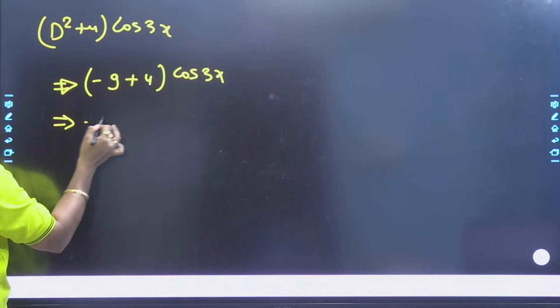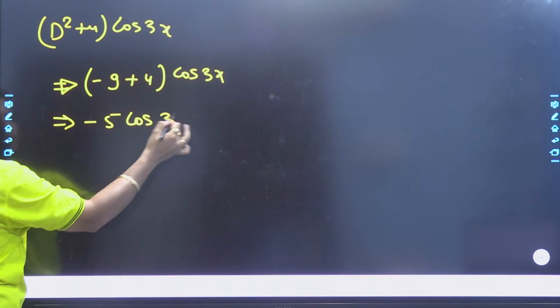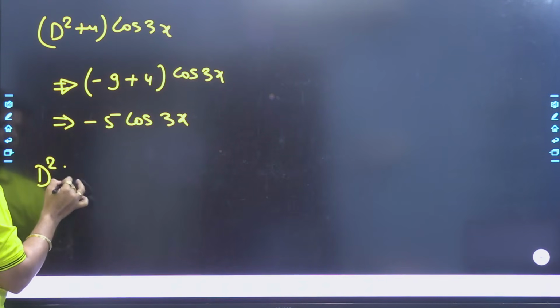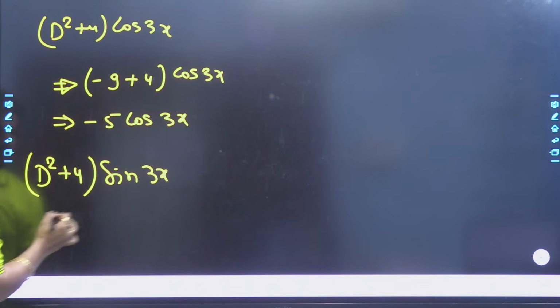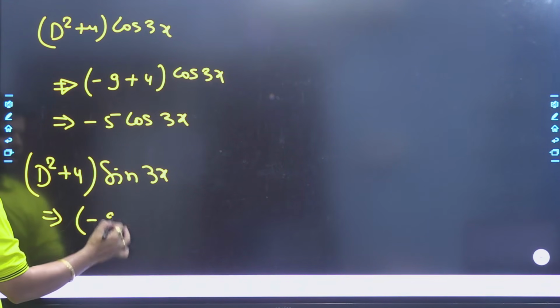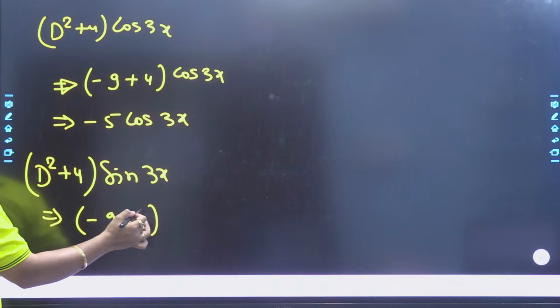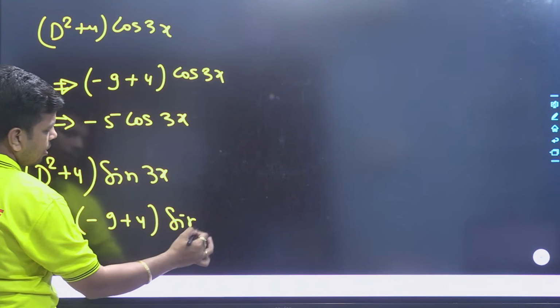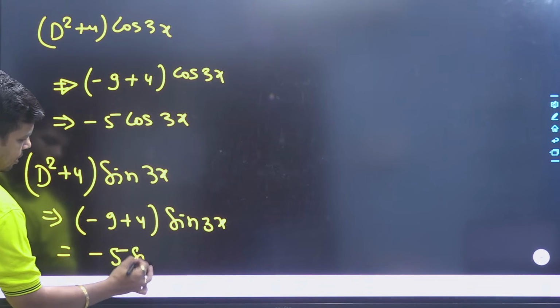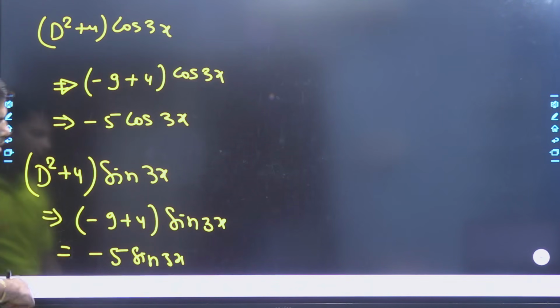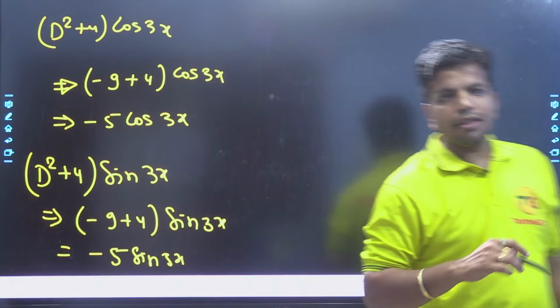So it becomes minus 5 cos 3x. And if I am doing D square plus 4 of sin 3x, can we say that this is simply minus 9 plus 4, sin 3x. So it becomes minus 5 sin 3x.